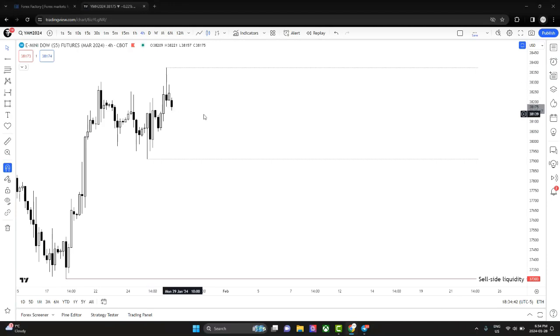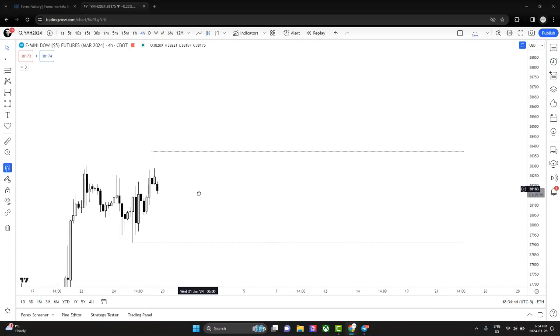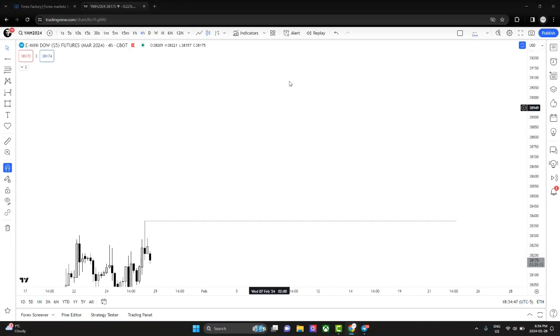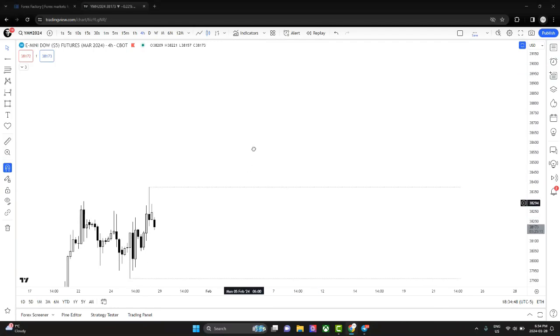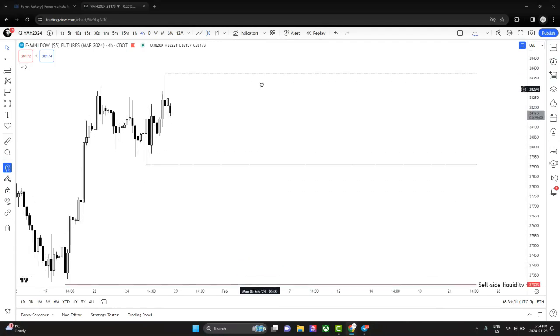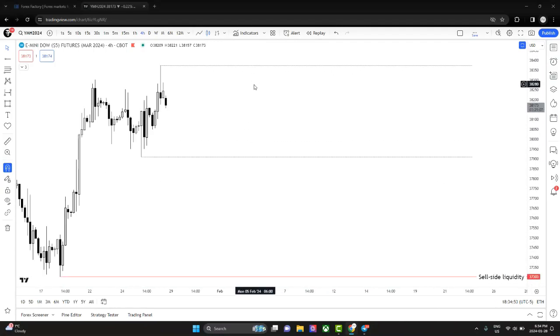So I'm not expecting this to just be continuing higher and higher. No. I'm expecting something to happen within the next two to 3 weeks, right? But yes, of course, before that we'll still see setups on the lower time frames, right?